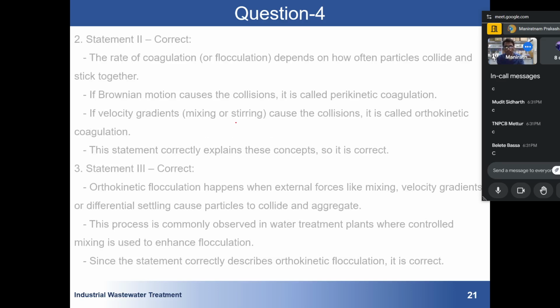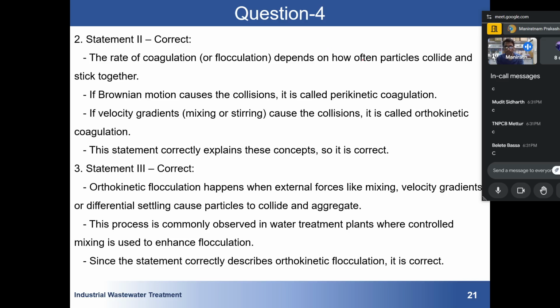The rate of coagulation depends upon how particles collide. If Brownian movement causes the collision, it is known as perikinetic, which we have already known. If velocity gradient or mixing causes the collision, if we are applying some external force, then that is known as orthokinetic coagulation. This statement explains this concept, so it is correct.